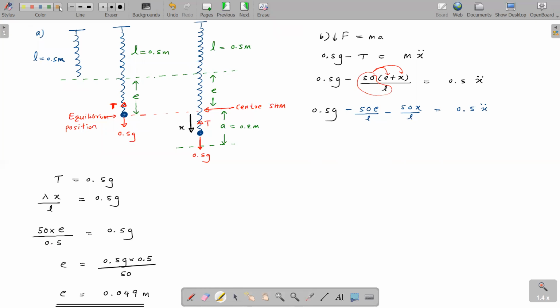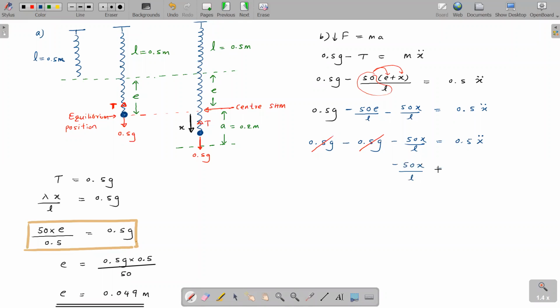This is something that we got from the previous part, so that we can perfectly cancel it out. So now 0.5g cancels.